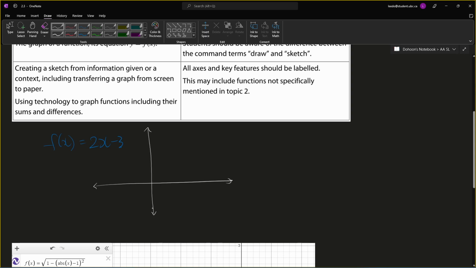I know that my y-intercept is -3 and it goes up 2x, so it's going to go like this here and like this here, so I can guess it's going to be like that. So my x-intercept will be 1.5. Let's make a line.